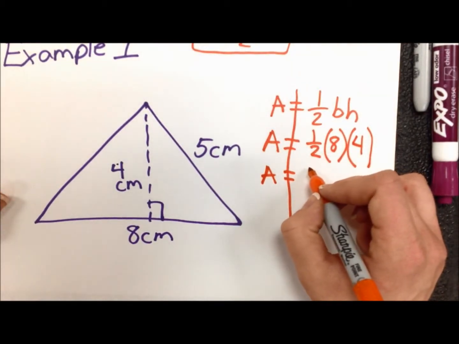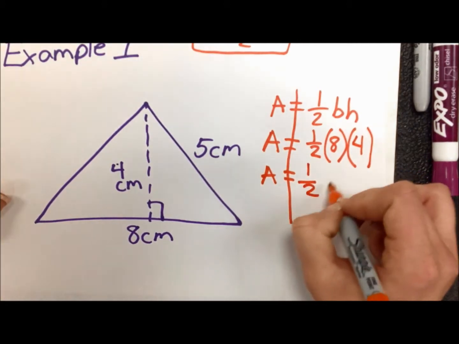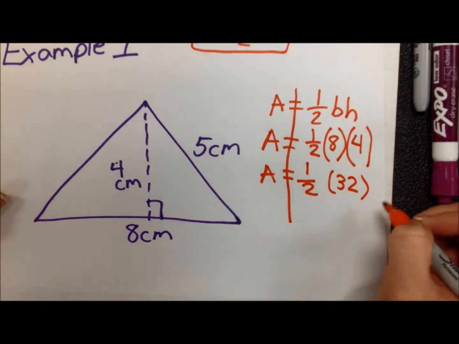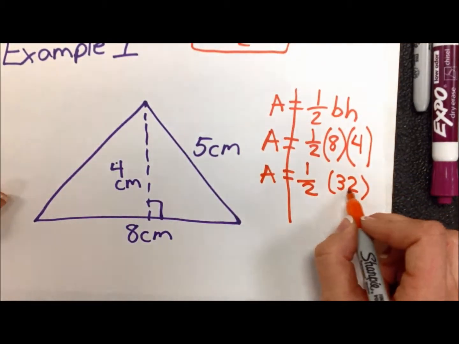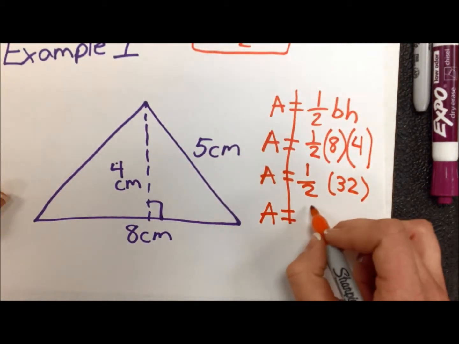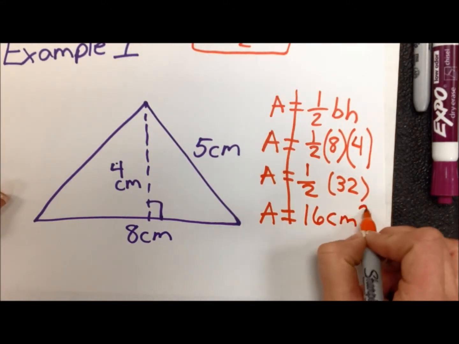Or you can find it by multiplying the fraction and then dividing. So 1/2 times 32, which you know how to do. You can also just divide 32 divided by 2. So that gets us area is equal to 16. Remember, this is area, so it's going to be centimeters squared.